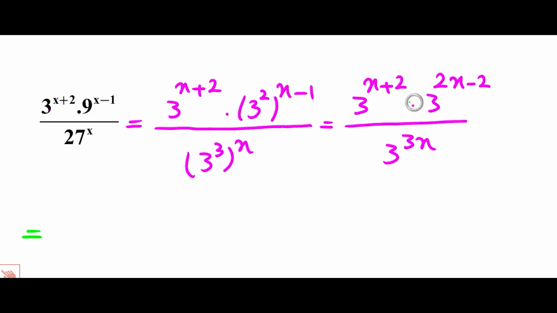In the numerator, since the bases are the same, we can add the exponents: x+2+2x-2 is 3x. So we have 3^(3x) over 3^(3x), which equals 1.